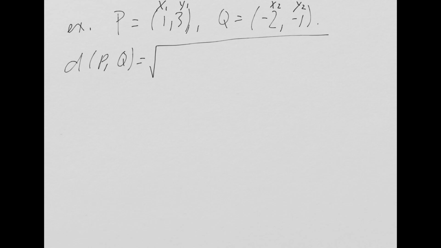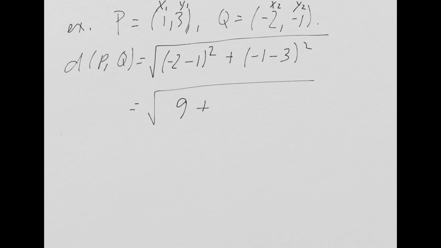So the distance, remember it was the square root of x2 minus x1 squared plus y2 minus y1 squared. -2 minus 1 is -3. Square that to get 9. -1 minus 3 is -4. Square that to get 16. So I get the square root of 25, which is 5. So the distance from P to Q in this particular case is going to be 5.